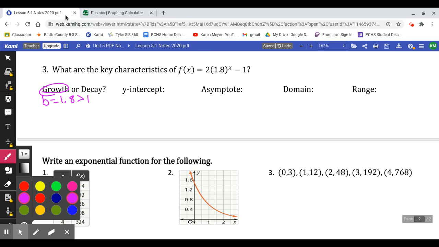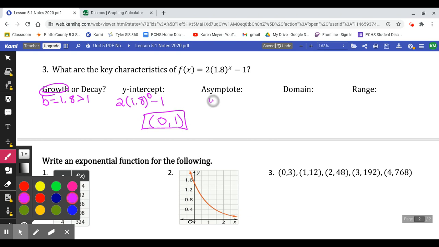We know the X number has to be 0. So I'm going to pick up my calculator and I'm going to do 2 parentheses 1.8 raised to the 0 power minus 1. When I type that into my calculator it will give me the answer of 1. So I have (0, 1).